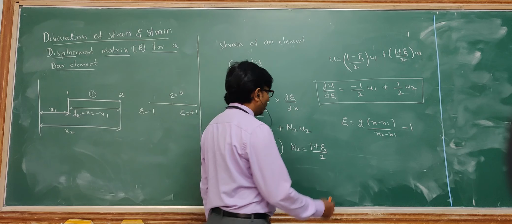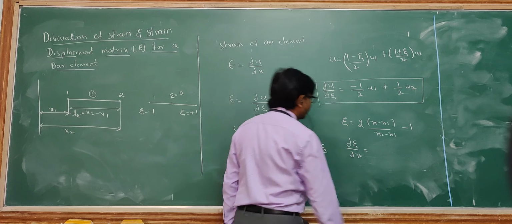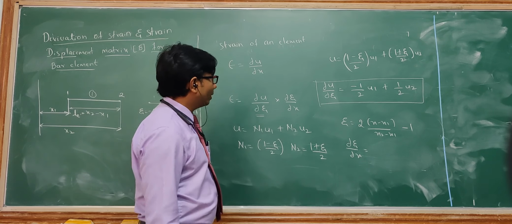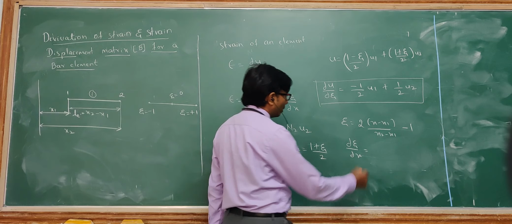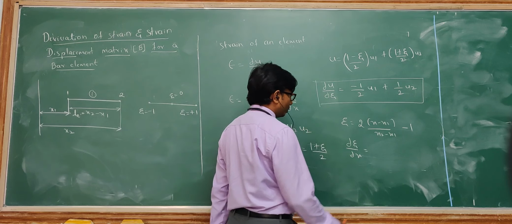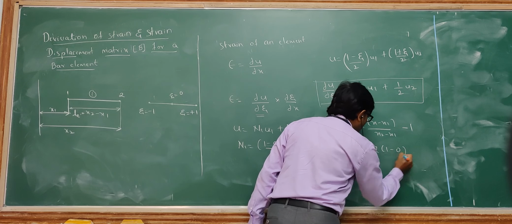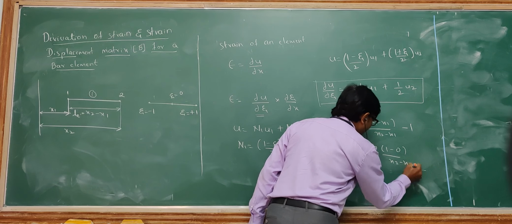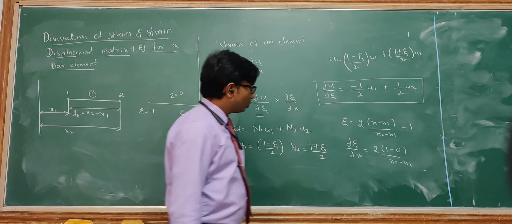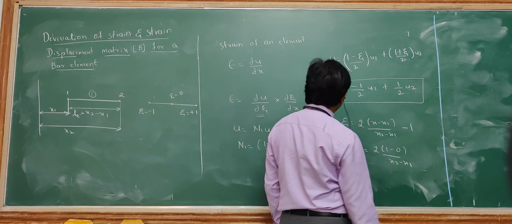So if I do dou zeta by dou x, what you get here is 2 into 1 minus 0 upon x2 minus x1, because x1 upon x2 minus x1 minus 1 will be 0 since it is not in terms of x.